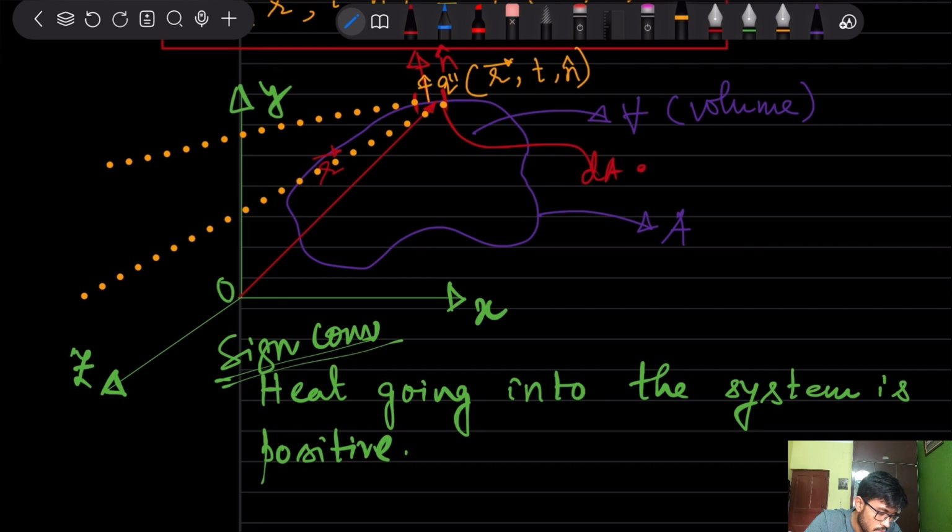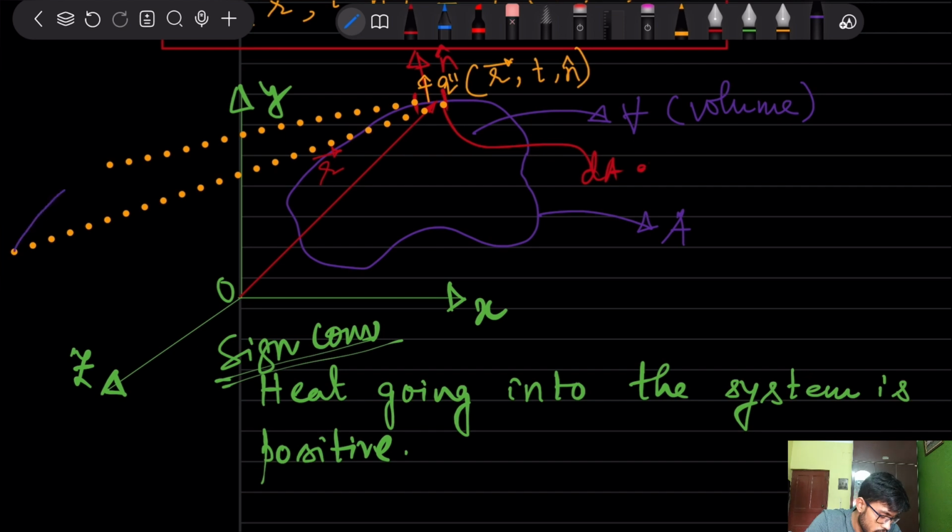So this is the zoomed version of this surface. This is the dA. Now if my heat flux is going out of the surface, this is the unit normal n cap.